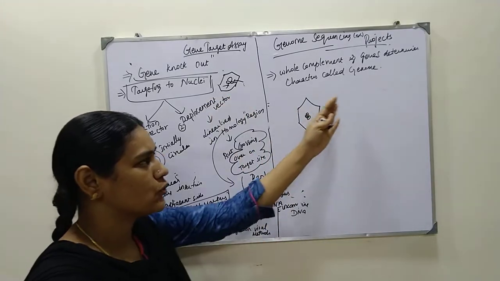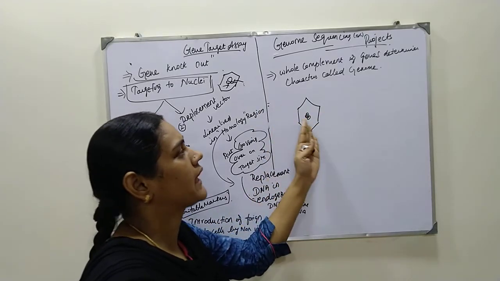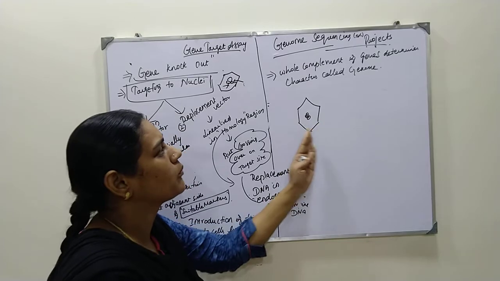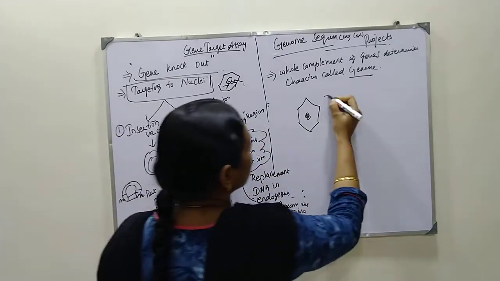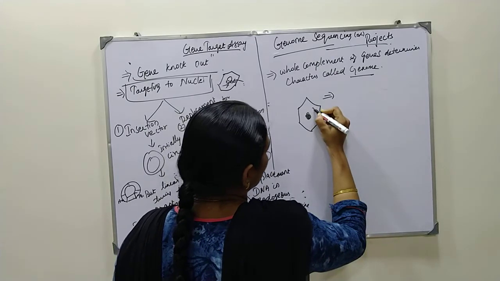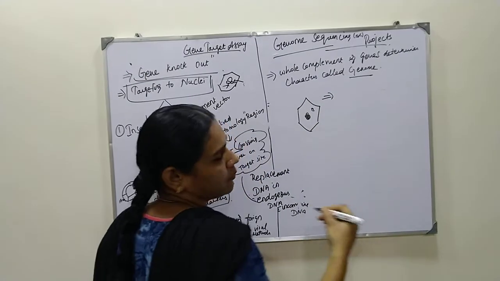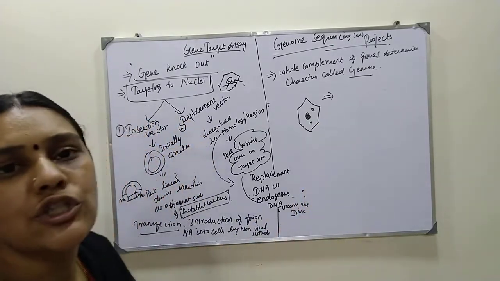The full genes that have the tendency to determine the particular characteristics, that full gene complement, is collectively called a genome. There are different types of genome: the nuclear genome, the cytoplasmic or mitochondrial genome, and the plasmid genome.